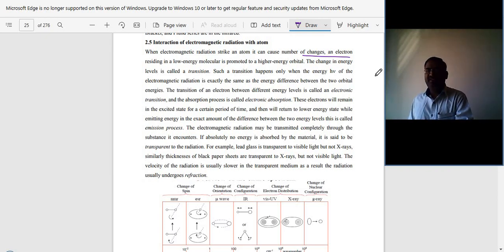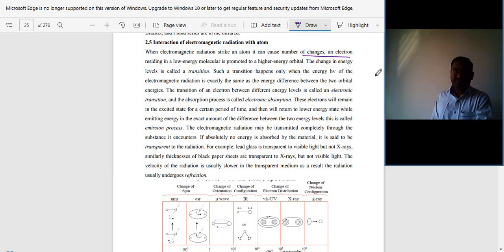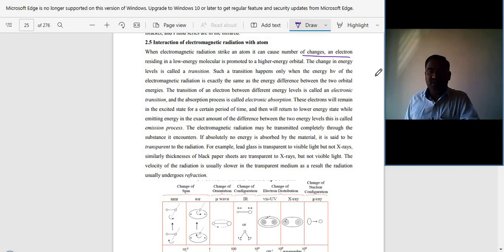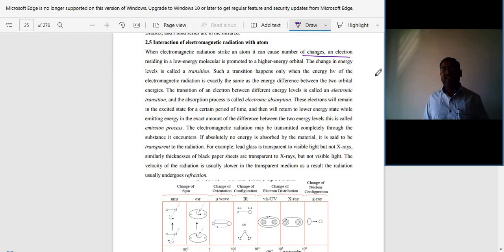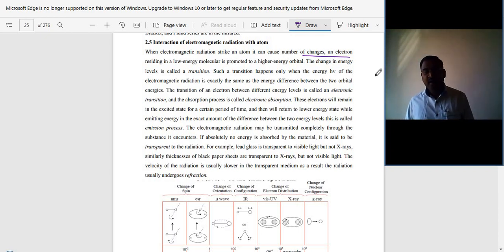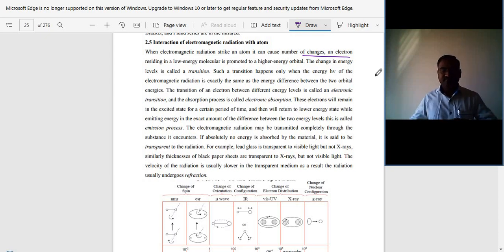The change in energy level is called a transition. Such a transition happens only when the energy h nu of the electromagnetic radiation is exactly the same as the energy difference between the two orbital energies. That is called electronic transition, and the absorption process is called electronic absorption.